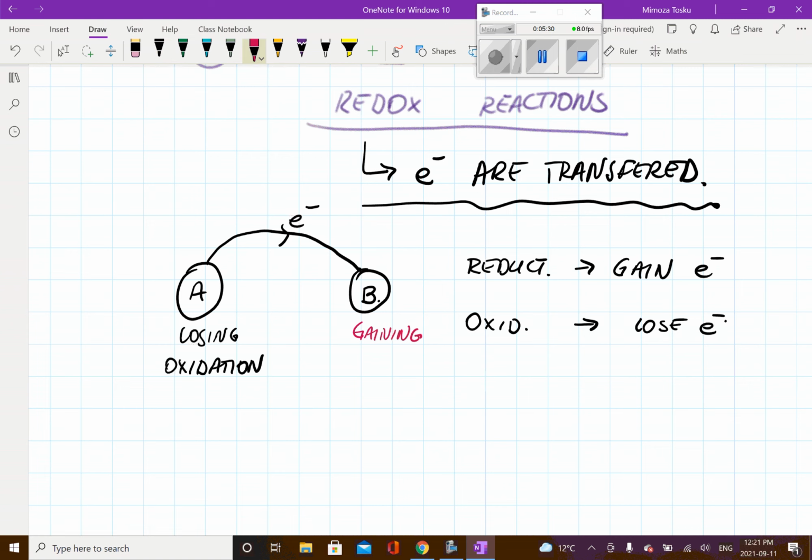And atom B, since it is gaining the electron that atom A is giving, is going through the process of reduction.